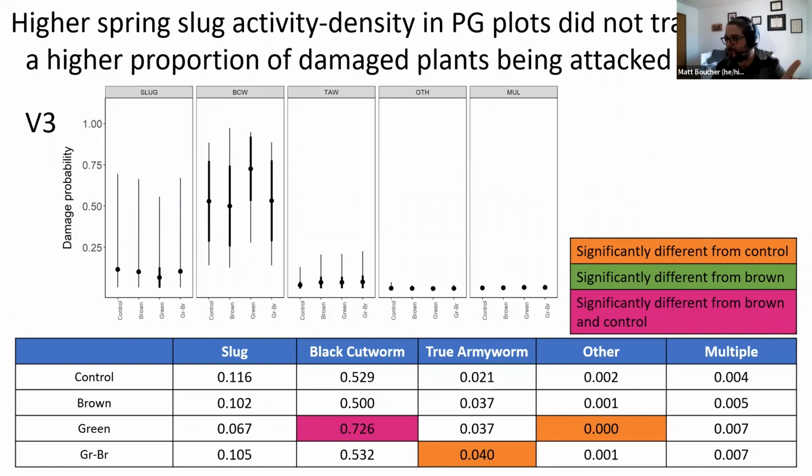That's really cool resolution on this project that we haven't really been able to get before. This is the first time we're really going to be able to share that yes, you might see higher slugs, but you're potentially not going to see higher damage. Those two things are different, and getting the resolution on that is going to be a really important data point as we try to expand the use of planting green here.